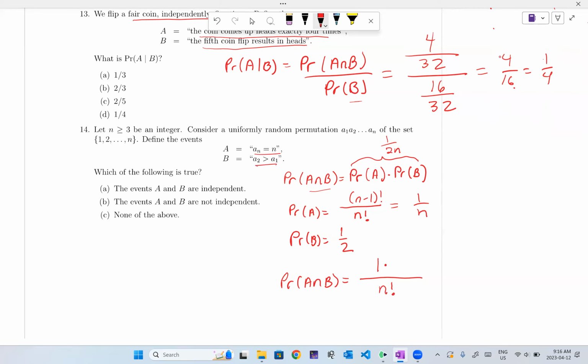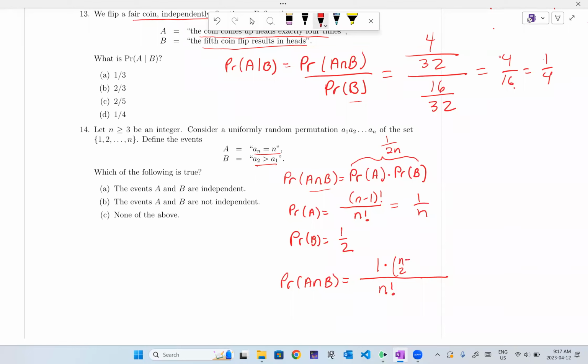I'm going to choose, this is going to be a little messy, I'm going to choose two elements and I'm going to put the larger one in A2. Then I have n minus 2 elements left, and I have n minus 2 locations. Or sorry, no, I did this wrong.